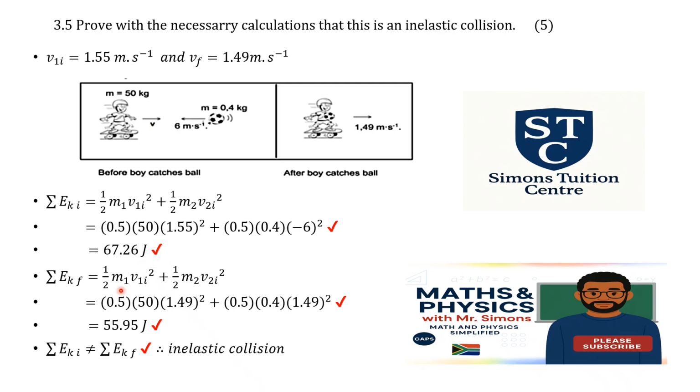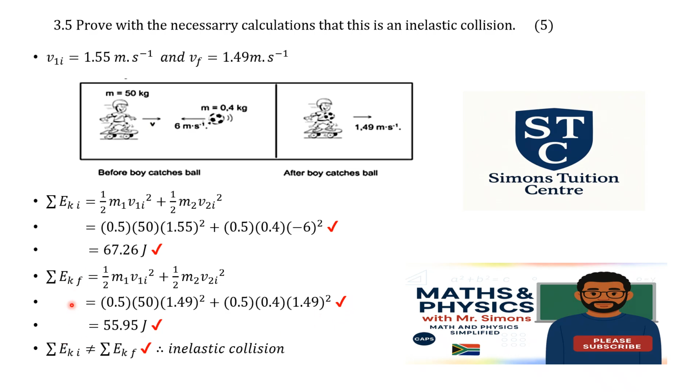Now, if we look at the final kinetic energy after the boy catches the ball, the equation is half m1 v1 final squared plus half m2 v2 final squared. So we have 0.5, mass is 50, velocity 1.49 squared, plus the same on the other side, 0.5, 0.4 for the mass of the ball and the velocity 1.49 squared.